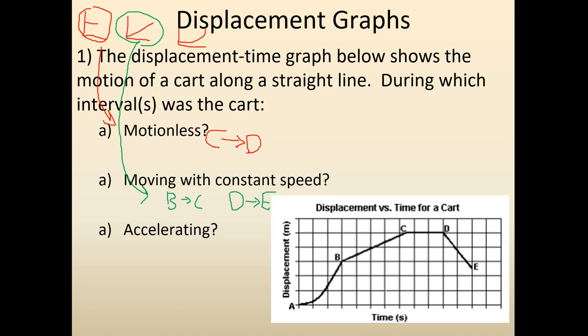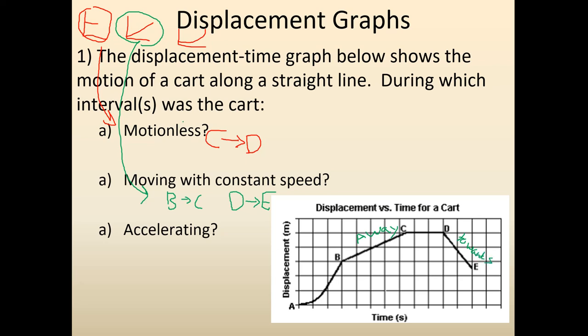Sometimes it will say moving with a constant positive speed or a constant speed towards something, and that would usually be meant to specify whether it's B to C or D to E, because B to C is going to be moving away and D to E is moving towards.